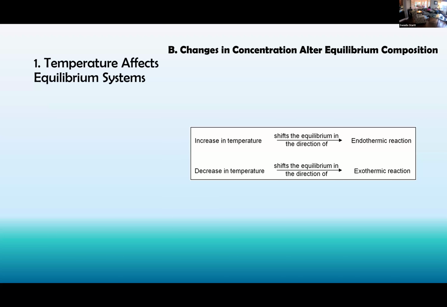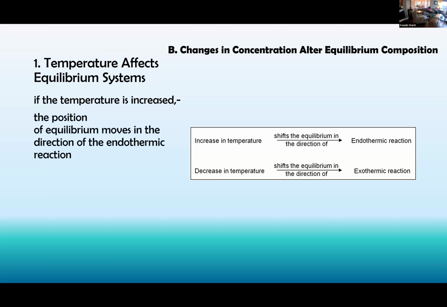So, temperature affects equilibrium systems. If the temperature's increased, what happens? It shifts the equilibrium in the direction of the endothermic reaction. Very good. And if the temperature's reduced, then what do you think will happen?